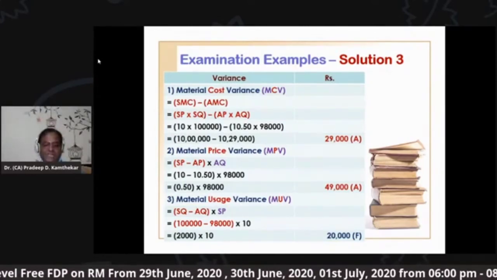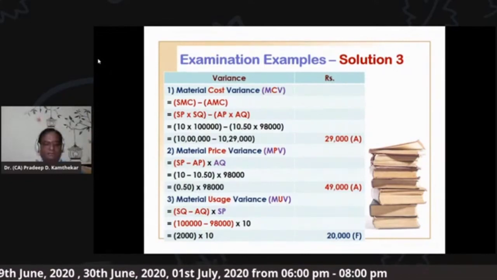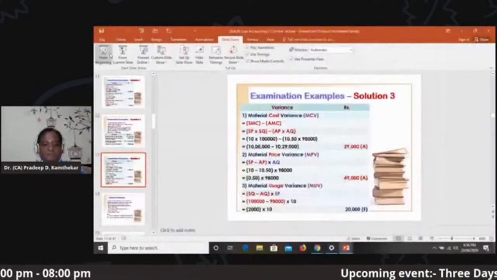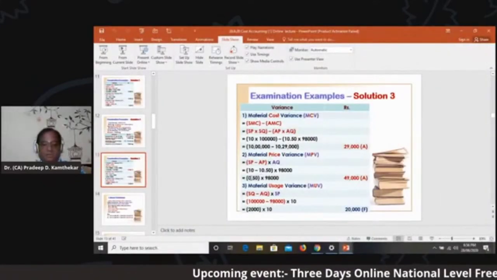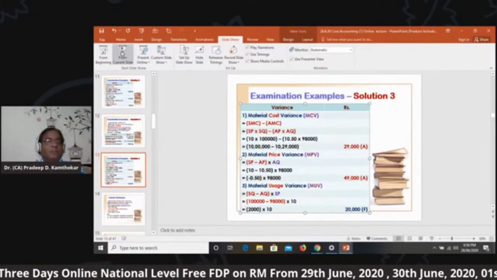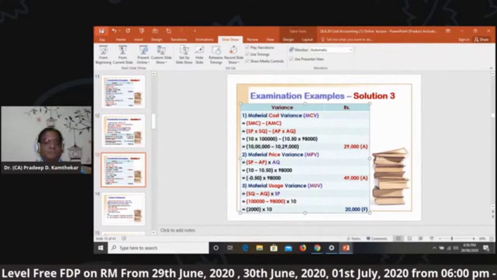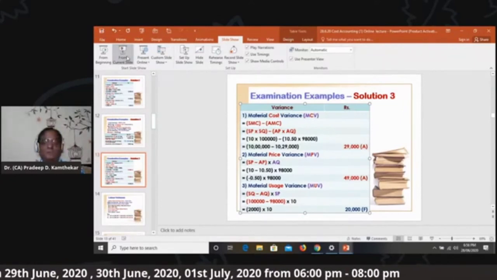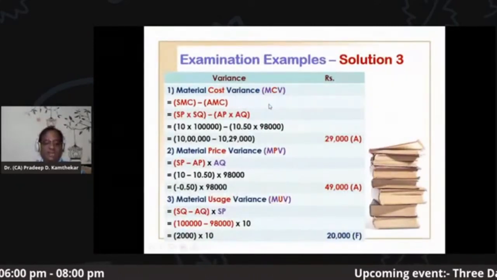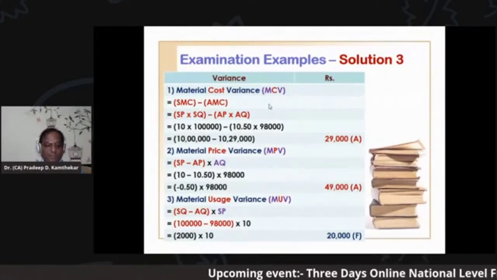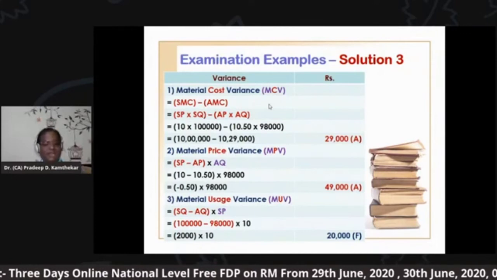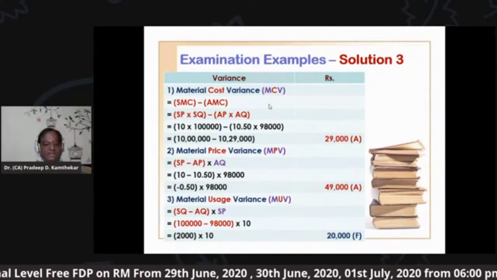So this is negative 49,000, and negative 49,000 is called an adverse variance. It means that because of the price of the material, the business has paid 49,000 extra. So material price variance is 49,000 adverse.